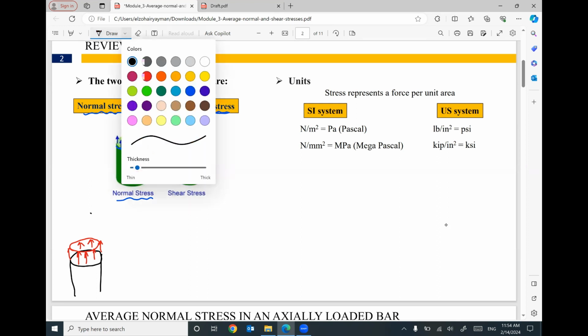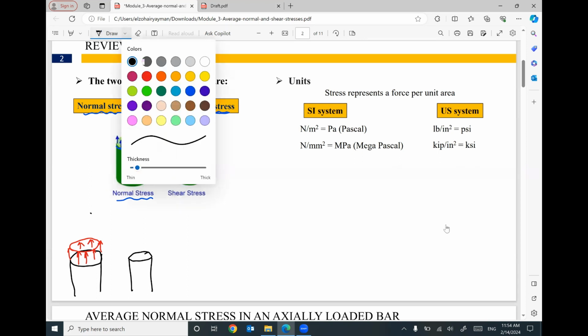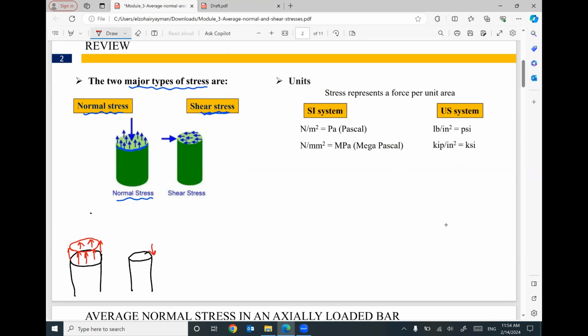If the cross-section is under compression, in the case of normal stress, the stress will look like this, pushing the cross-section. For the shear stress, I don't care about the direction, but the direction will follow the applied force, but the stress is parallel to the cross-section.